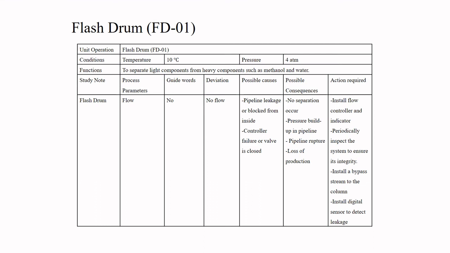The consequences are that separation cannot occur, pressure builds up in the pipeline, and loss of production. The action required is to install a flow controller and indicator and periodically inspect the system to ensure its integrity, install a bypass string to the column, or install a digital sensor to detect leakage.